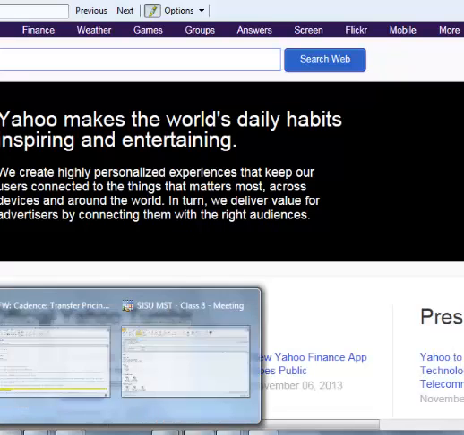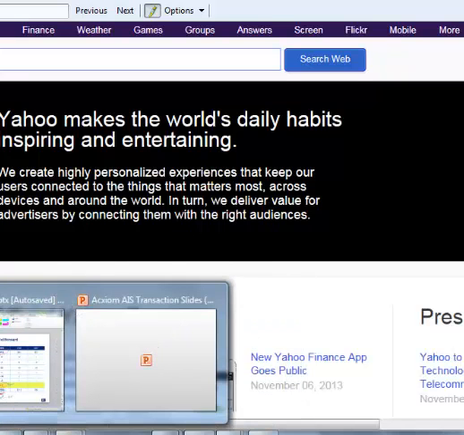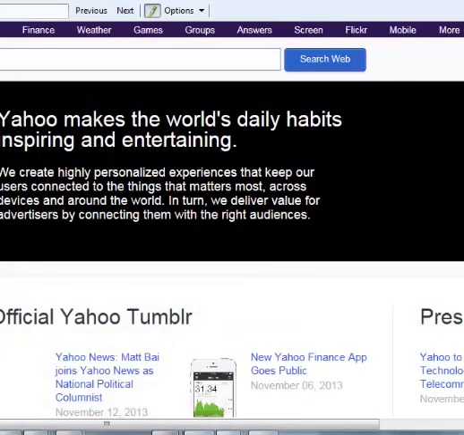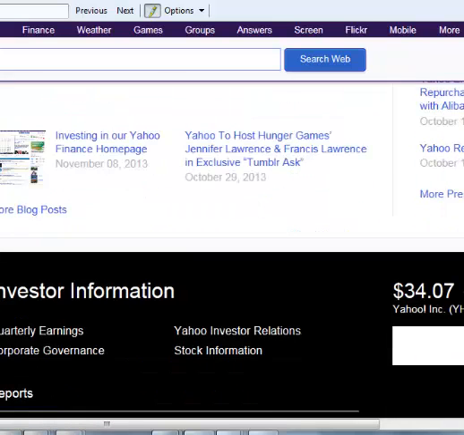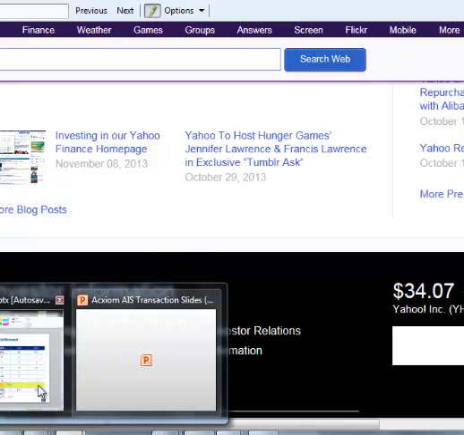Alright, let's see if we can get it to go quicker here. Alright, I'm not going to make you watch my pages sit there and reload.